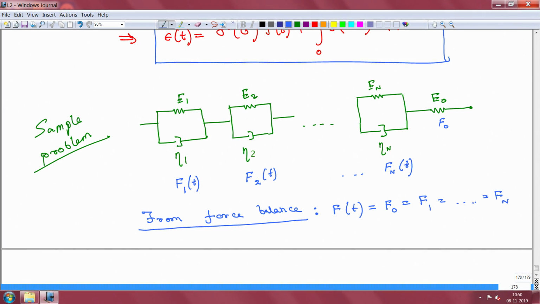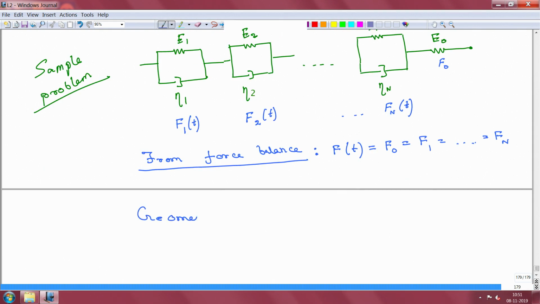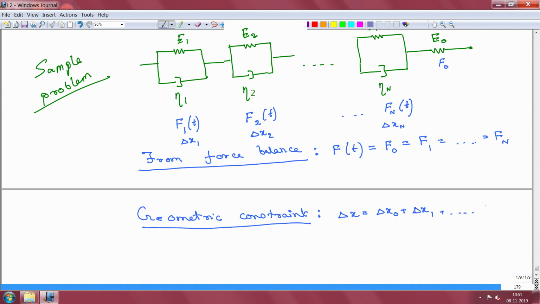And what is now going to be the geometric constraint on this system? The geometric constraint will be such that all of these will be experiencing different deformations, and then the total deformation delta x is going to be a sum of all the different deformations in all the different units.